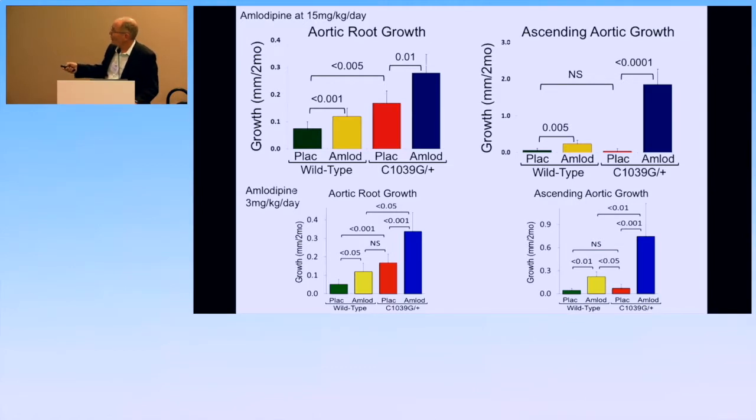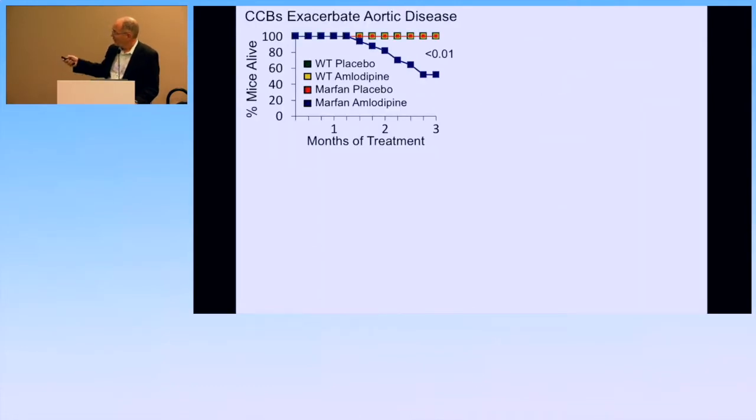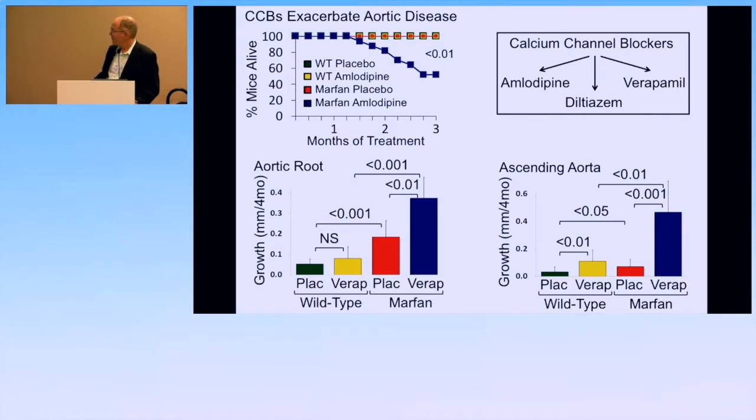If you brought down the dose considerably, about threefold, you can see that there is still this striking abnormal performance of the ascending aorta. Here I'm showing you the death due to aortic dissection that we see in association with the use of calcium channel blockers, and also that this is not strictly related to amlodipine. In fact, every class of calcium channel blocker that we've tried shows a similar detrimental effect on aortic growth.